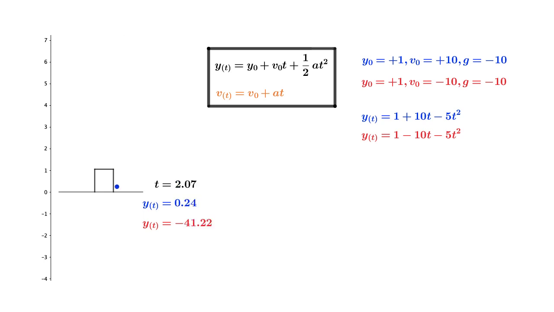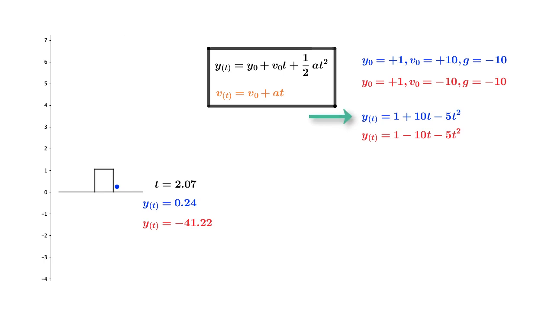Now the question asks us to find for both balls when they hit the ground and what their velocities will be when they hit the ground. We do that by finding what value of t gives us that the height or position is equal to 0. In other words, we plug in 0 into the position equation and solve for t.